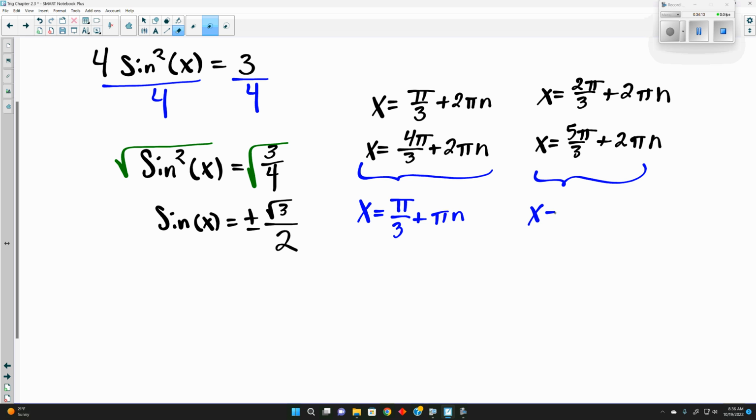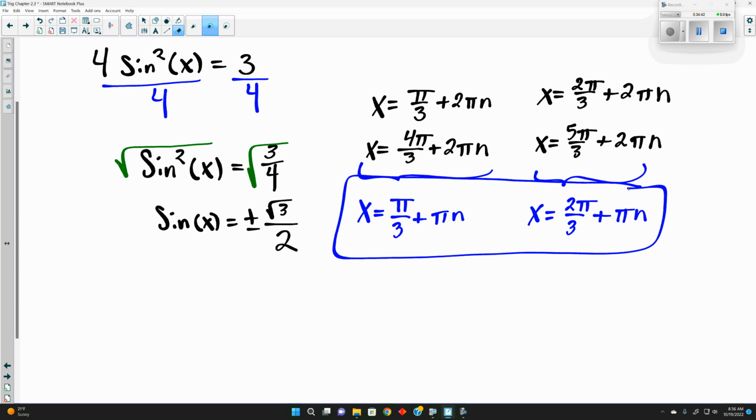And here we can say x is equal to 2 pi over 3 plus pi n. And whenever we do the pi n, we always pick the smaller of the 2 angles to apply it with. So there is nothing wrong with writing out all 4, because that is the correct answer. But if we wanted to simplify it down into just 2, we can use pi n instead.